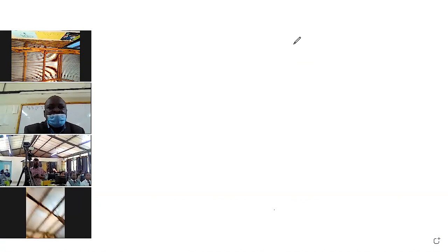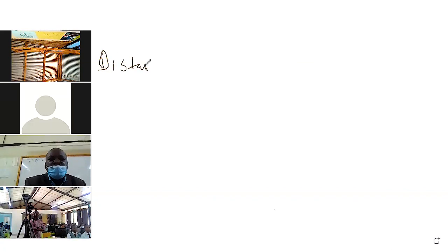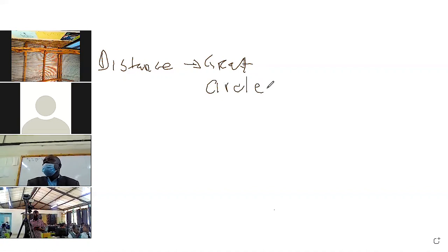So the first thing you need to know is distance along a great circle. The great circles are circles which have got the same radius as that of the Earth. That is all the longitudes plus the equator.